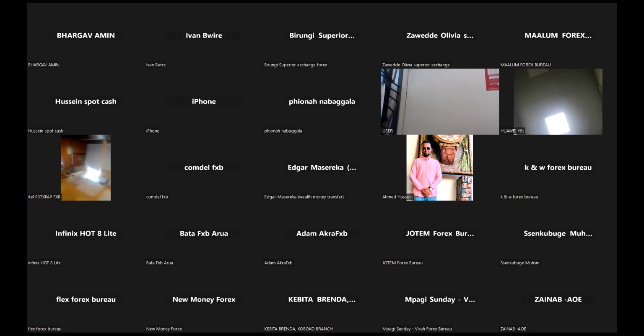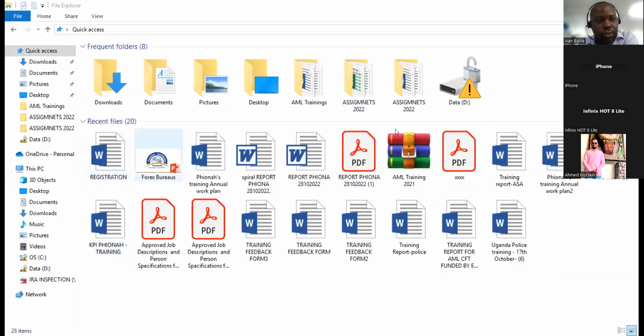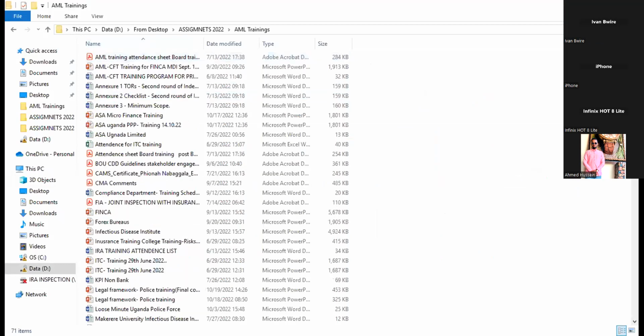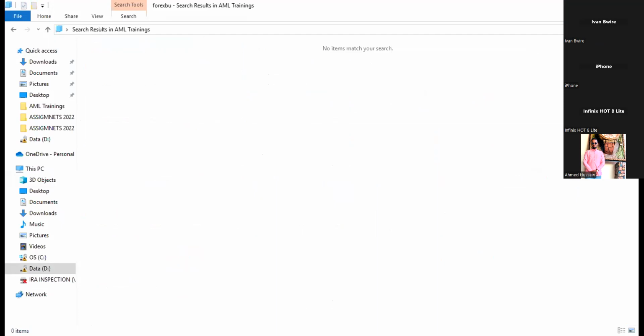Okay, welcome back from the short break. We are going to continue with the presentation by Fiona. Just a few comments I've seen. One, we understand the STR template contains sections for all accountable persons, including casinos, insurance, etc., which may not be relevant to forex bureaus and money transfer and money remitters.